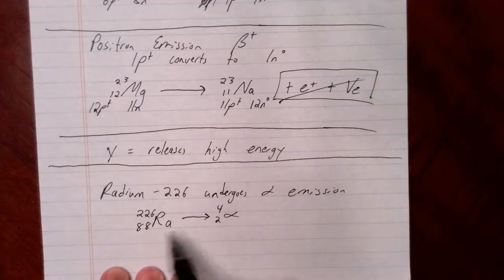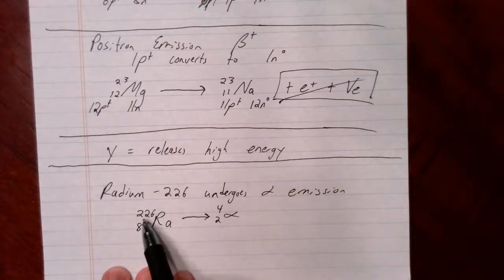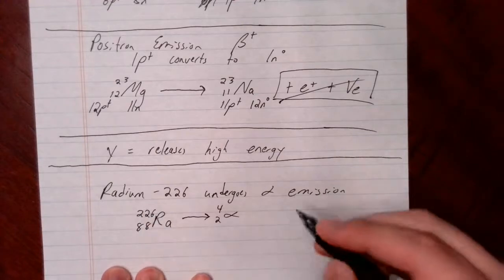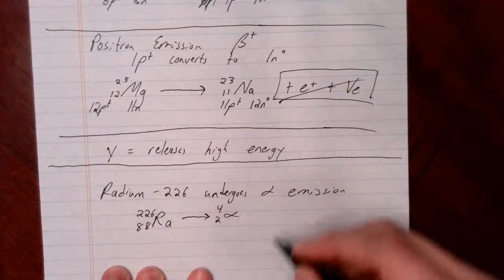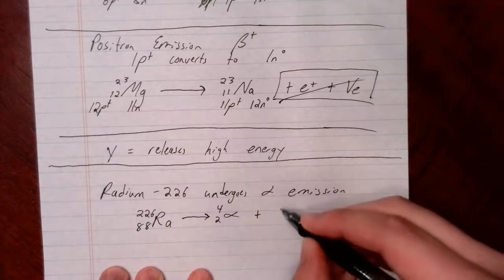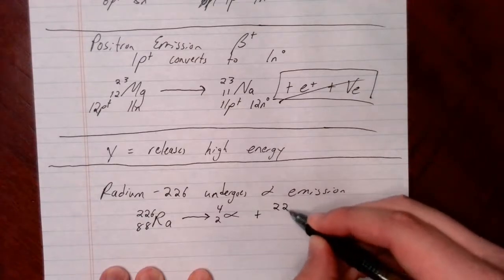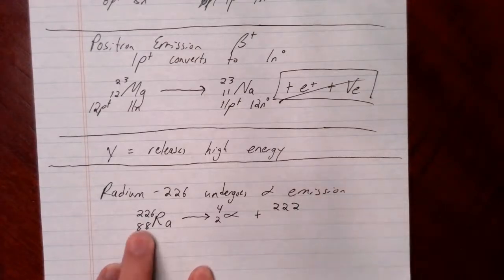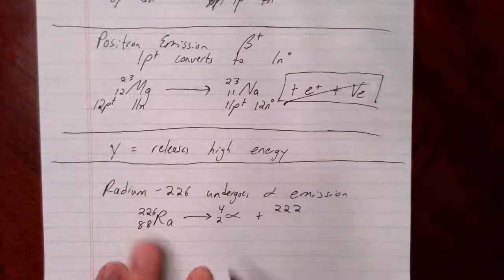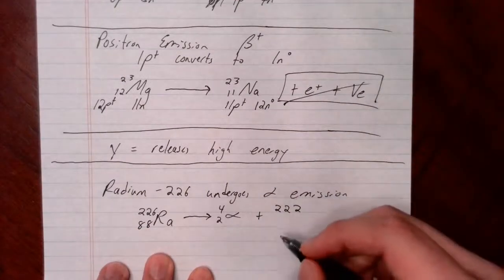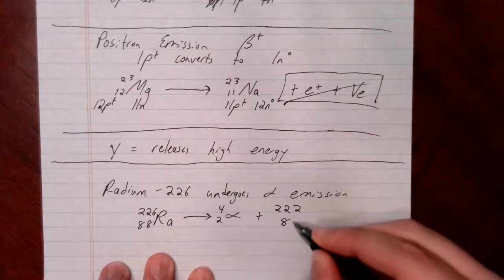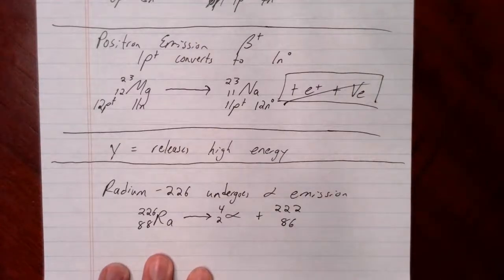So if radium loses 4 mass units and its original mass is 226, the mass of the other daughter nuclide is going to be 222. If it had 88 protons and the nucleus lost 2 protons, the new nucleus is going to have 86 protons.